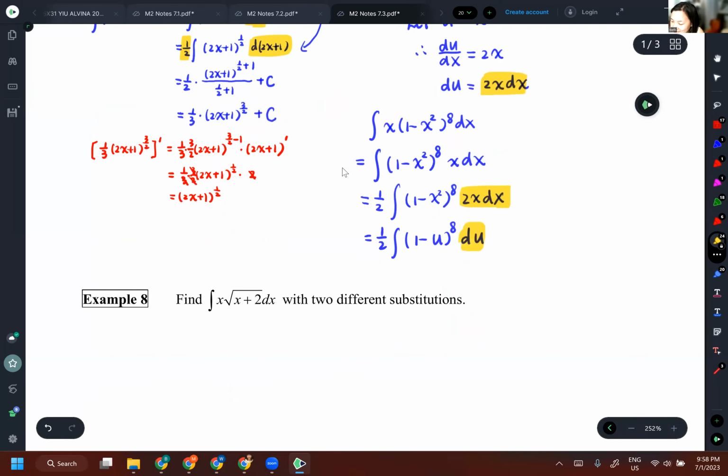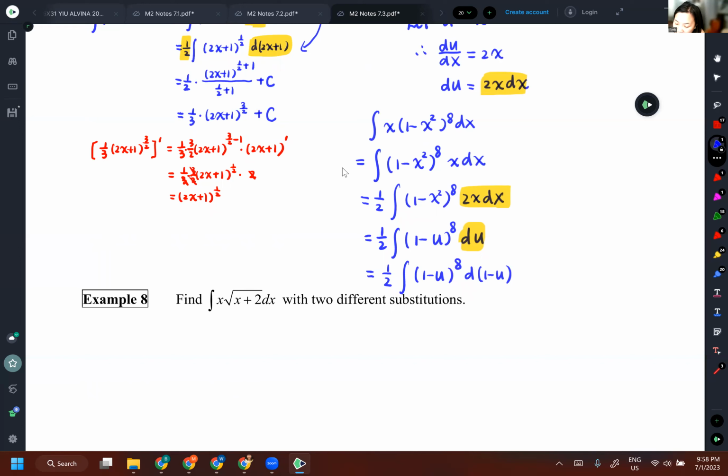Do you know how to solve it? In this case, I will change it to (1 minus u)^8 d(1 minus u). And because here I multiply by -1, I will add a -1 in front. Okay, and then it's equal to, this is something to the power a, d something. It's t to the power s dt.